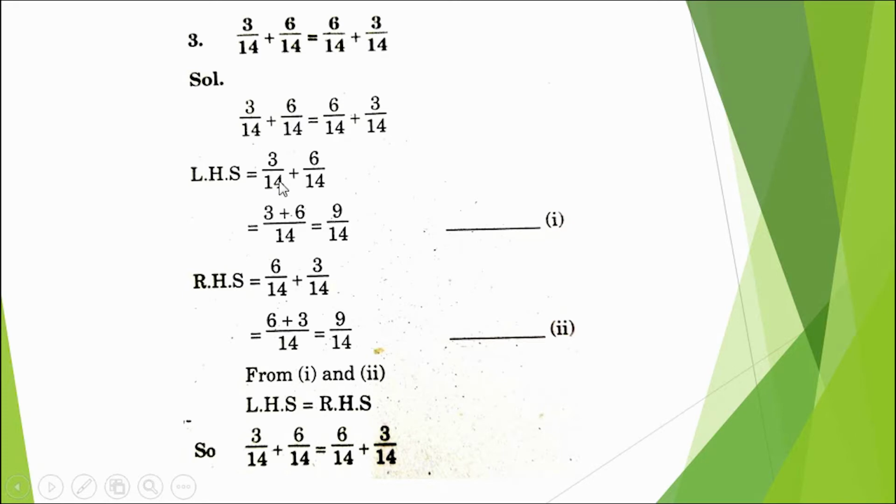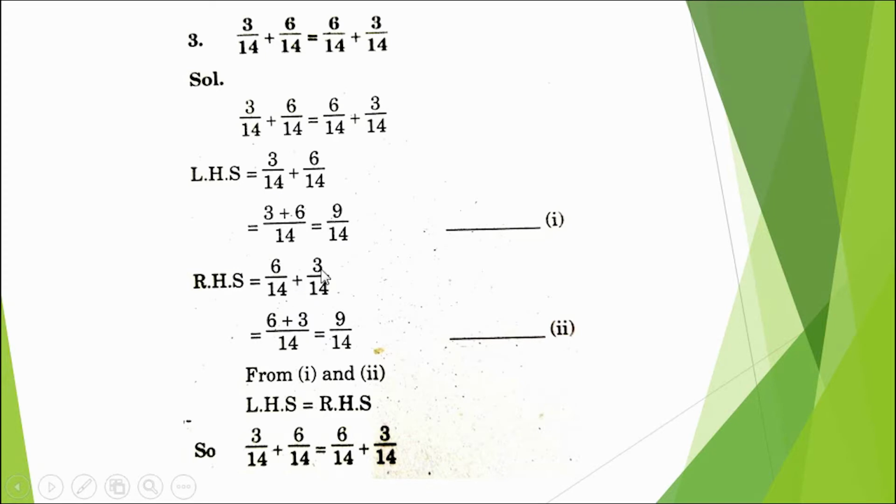Now question number 3: 3 over 14 plus 6 over 14 is equal to 6 over 14 plus 3 over 14. Now we take this side as left hand side. Denominators are the same, we write it one time, 3 plus 6. When we add 6 and 3, the answer will be 9, and denominator 14 comes as it is.